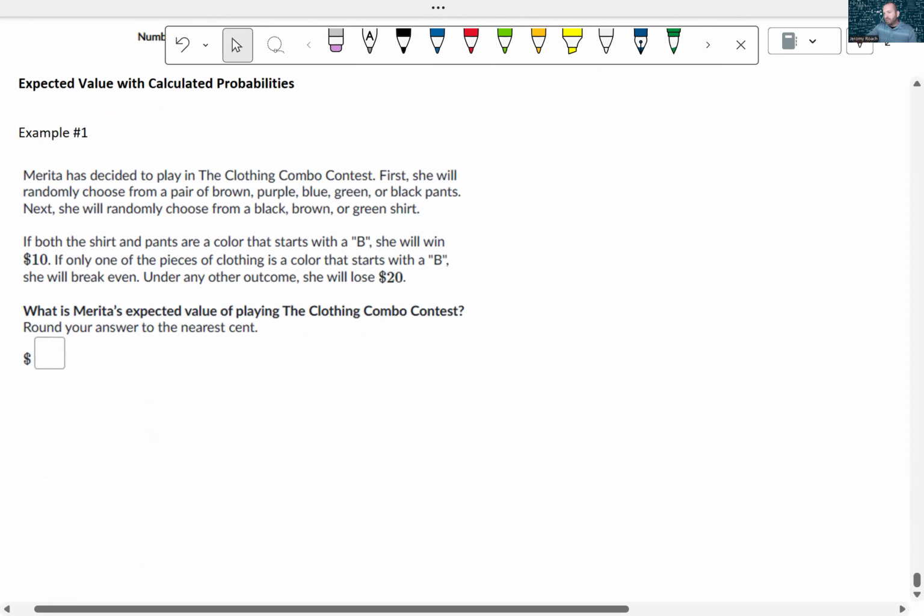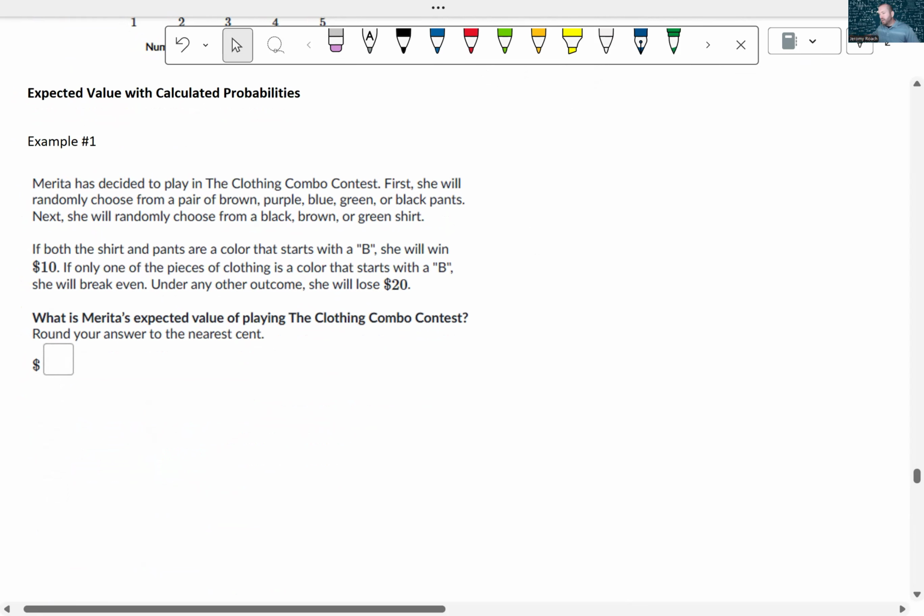Okay, so this person is in a clothing combination contest. It seems like it's a game with combinations of clothes. So Marita is going to randomly choose a pair of brown, purple, blue, green, or black pants. Then she's going to randomly choose from black, brown, or green for shirts.